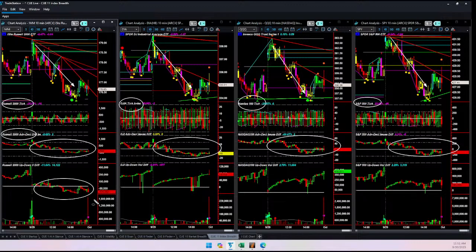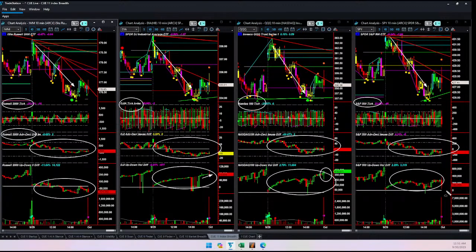Russell 2000 up down volume also sold off, but interestingly, up down volume for Dow Jones Industrials did not sell off, closed positive. Up down volume of Nasdaq 100 did not sell off, closed positive, and even for S&P 500, up down volume didn't sell off.